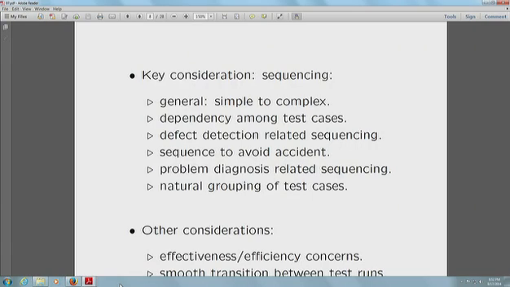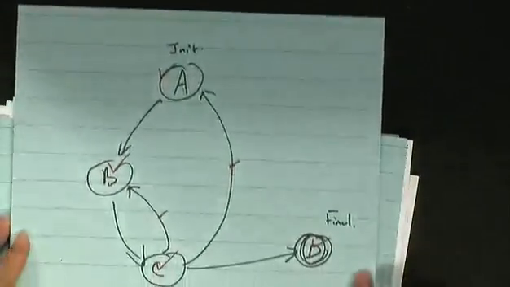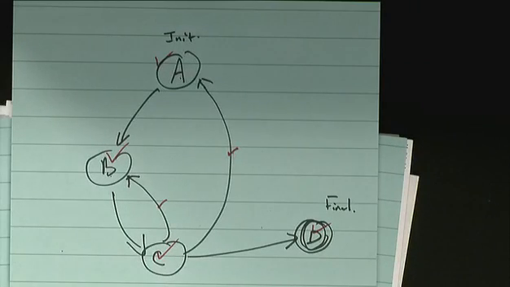Think of the example over here. You want to test for infinite loops and things. Before you test the infinite loops, you want to make sure you can reach some states first, right? If you can't even get into the loop, then you don't even need to bother testing the loop.